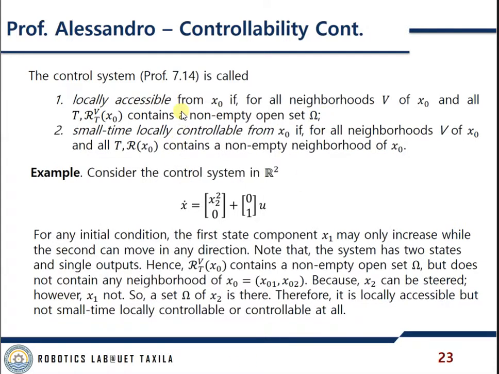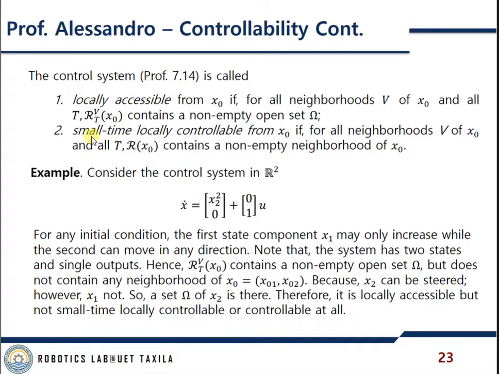In general, it means that there can be many trajectories from x naught, and at least some of them are reachable. This will be clear by an example, which is over here.